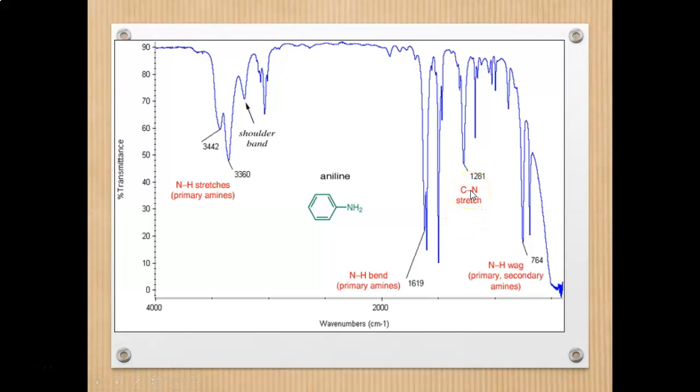We also have the C-N functional group, which lies in the range of 1030 to 1280.